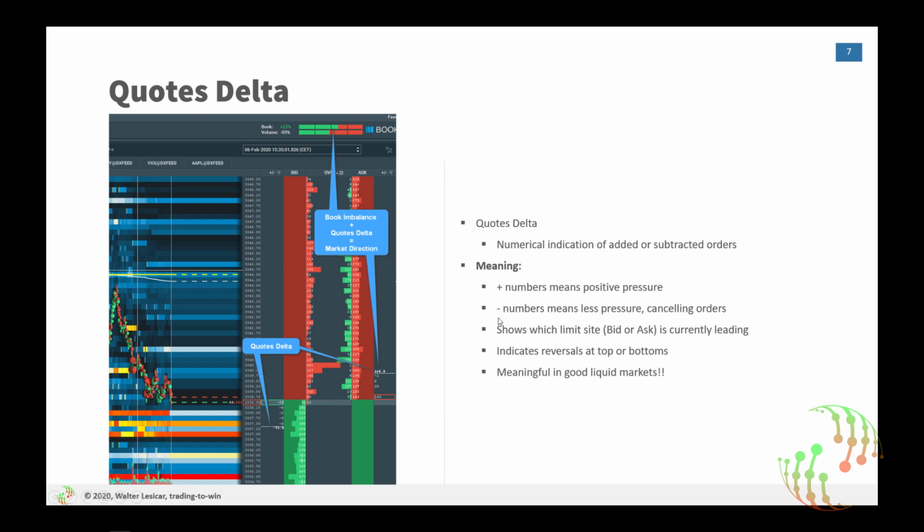Negative numbers mean less pressure or canceling orders. That happens all the time. It also indicates, and that's a part of my seminar, reversals at tops and bottoms. You can see how the market is pressing up, for example, if we are reaching a top, and they are resisting on this side.